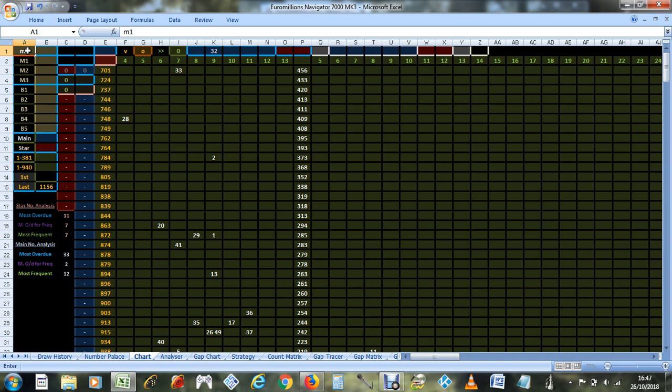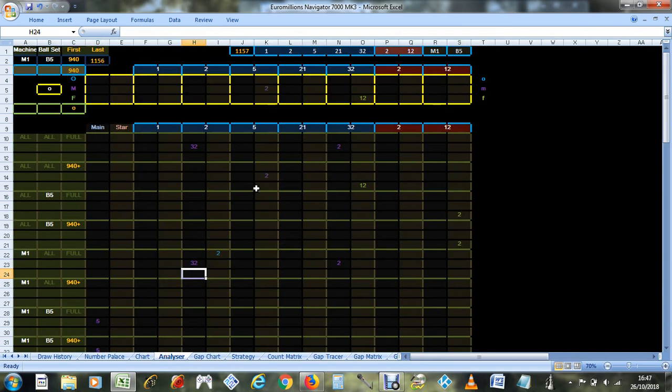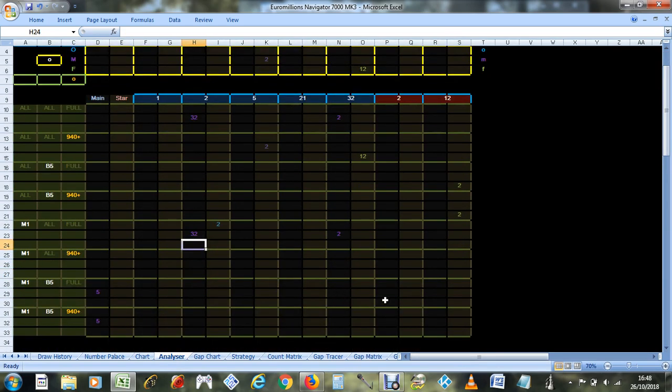And when I did the same for machine 1, if you'd noticed that it was number 2 again with 32, then you could have predicted 2 and 32 for that reason. So that was an outstanding pair, possibly a 2-number optic. If you'd known, you could have put a 2-number optic on those 2 numbers and you could have won £100.